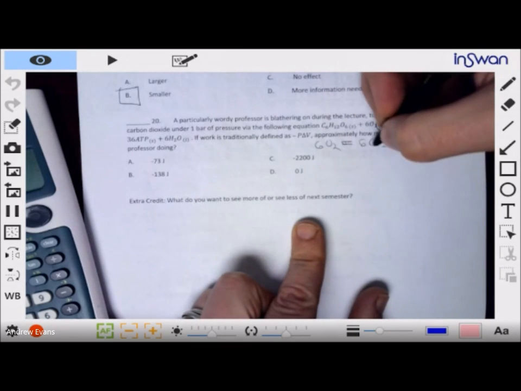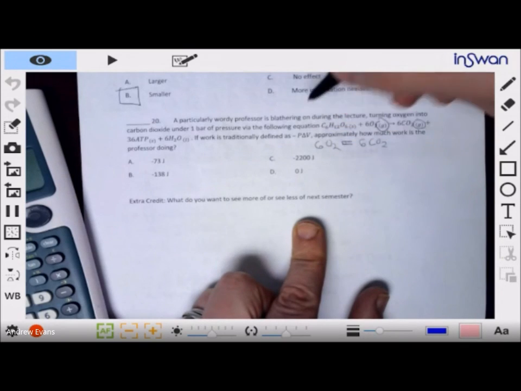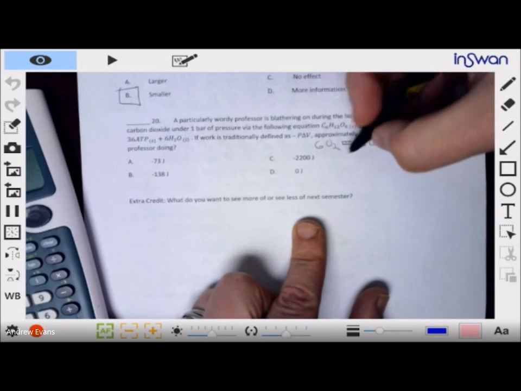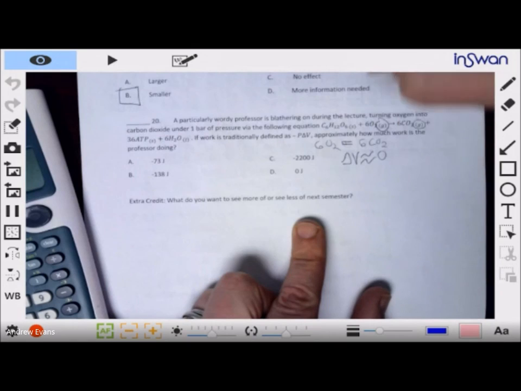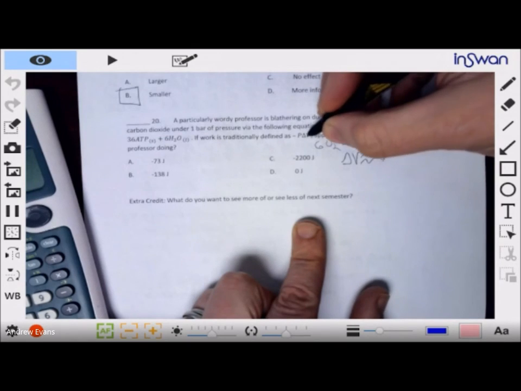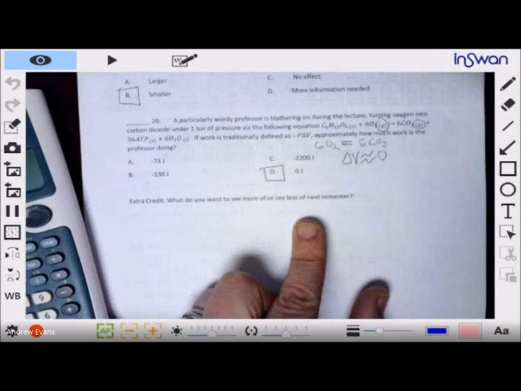Well, the answer is neither. So how much expansion could possibly be going on in an ideal gas situation? The change in volume is approximately 0. If the change in volume is approximately 0, work must be 0. It's a joke that's saying us as professors are doing no work. I'm sorry that has turned into such a difficult problem for you. It was supposed to be easier.